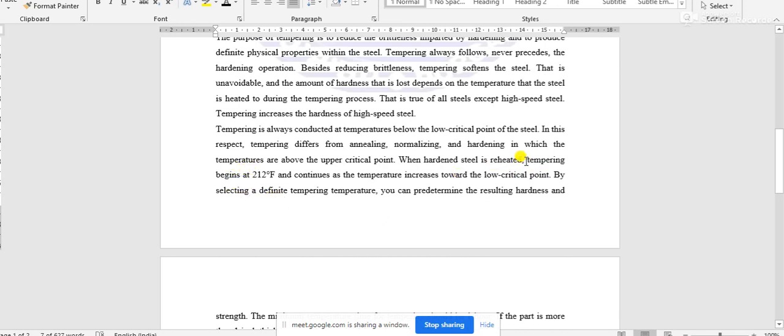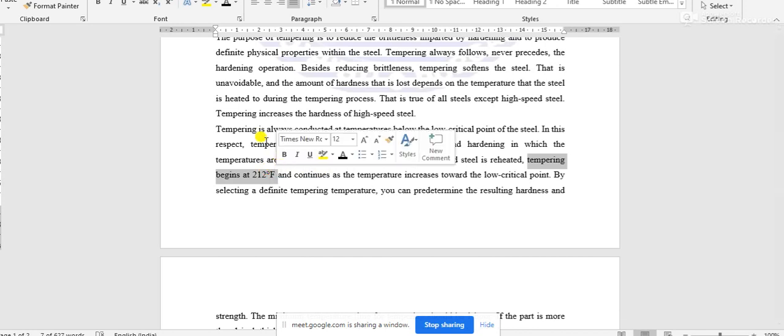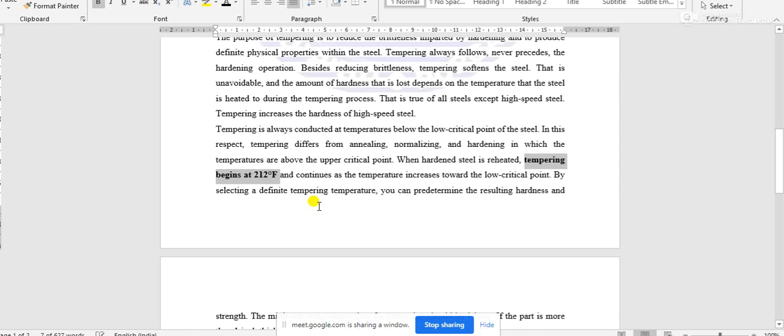This temperature is very much important: 212 degrees Fahrenheit. From this temperature the tempering begins.